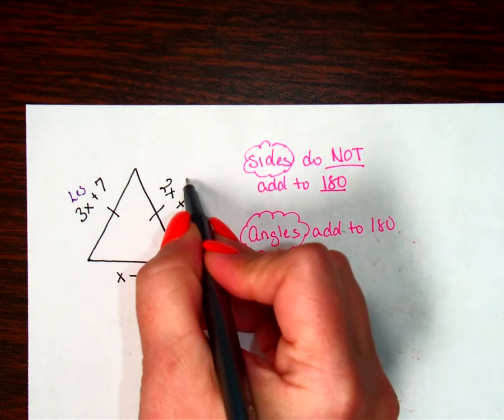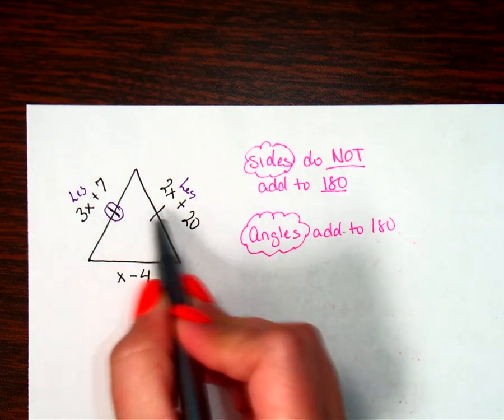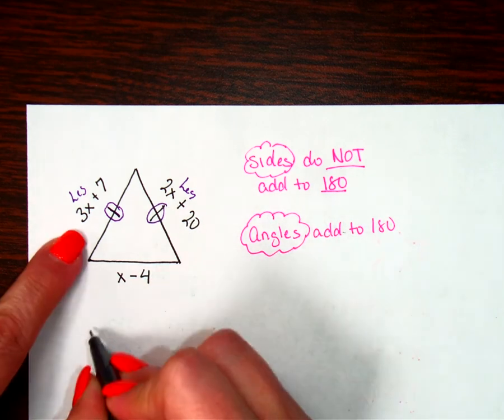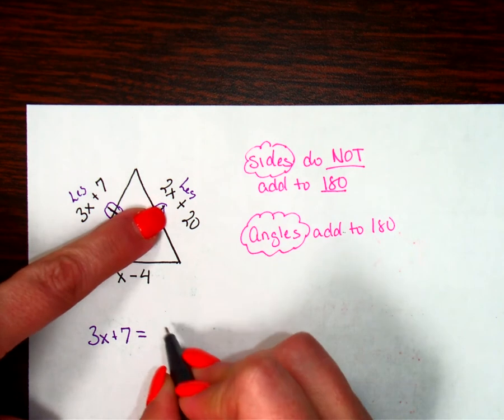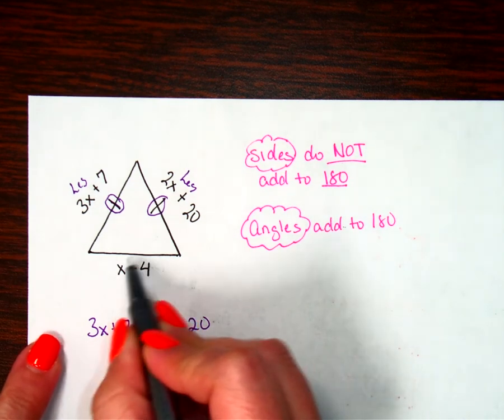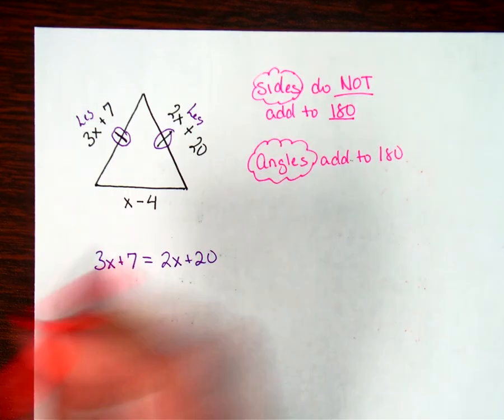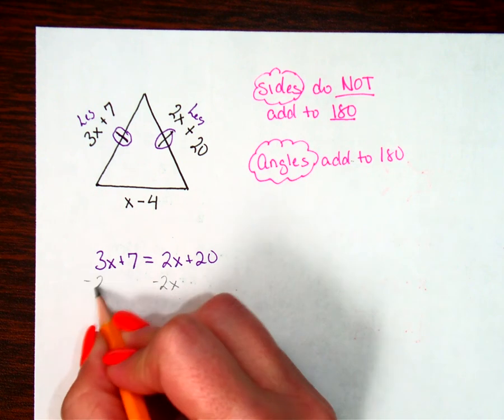Instead, what I do is I say, okay, this leg here and this leg here, these two, look right here, they are equal to each other. So I can set my 3x plus 7 equal to my 2x plus 20. And I don't really even need this piece down here at all. Okay?